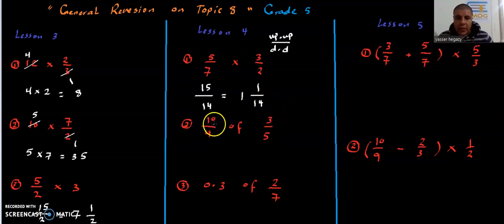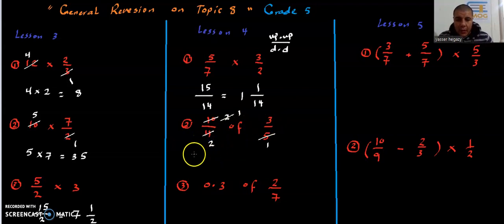Next, in number 2, 10 divided by 4 of 3 out of 5. Of means multiplication. Try to simplify. So 5 divided by 5 equals 1, and 10 divided by 5 equals 2. Can we simplify more? Yeah, we can, as we have 2 and 4. 2 divided by 2 equals 1, and 4 divided by 2 equals 2.